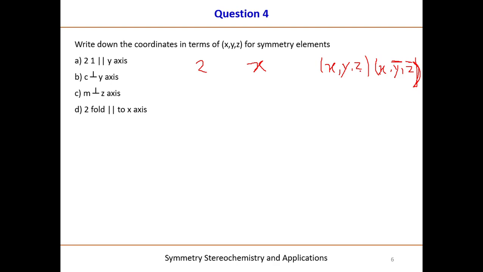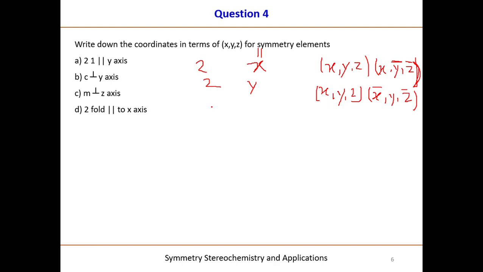While if we have a twofold axis parallel to the y-axis, how will we write it? The xyz equivalent is x bar, y, z bar, correct?